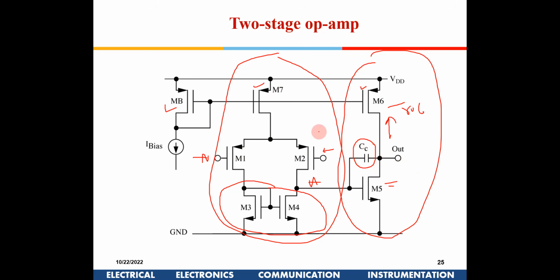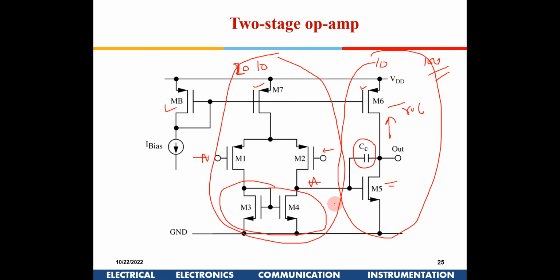But otherwise, what is the advantage of having 2 stages? Suppose this gain is around 15 to 20, you could achieve, right? Some of you could achieve 20 gain, most of you could achieve 10 gain. This is also 10, so you will get around a gain of 100 when you are putting on a 2-stage op-amp. So a minimum gain of 100 you can target when you are designing the circuit.